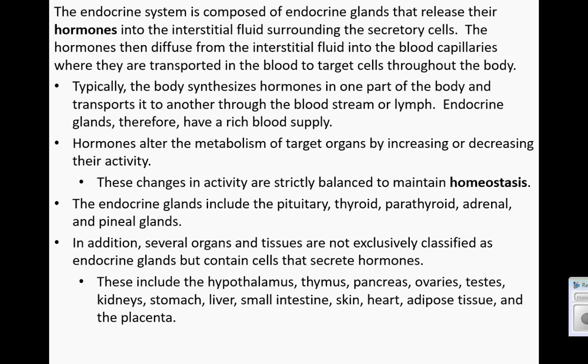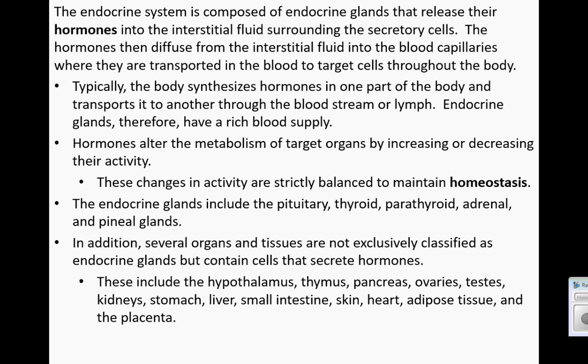Okay, but as you can see, there are other organs and tissues that are built for a primary function of another system, like the liver and the pancreas, which are built specifically more for digestion, but produce hormones, and so therefore we talk about them in this lecture. Okay.